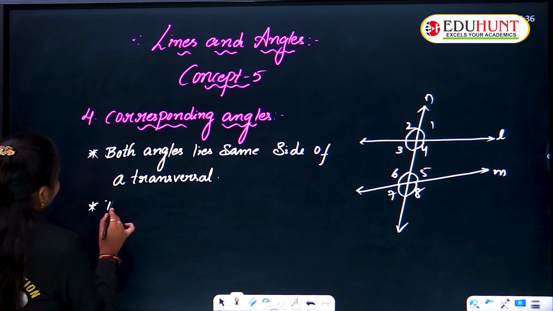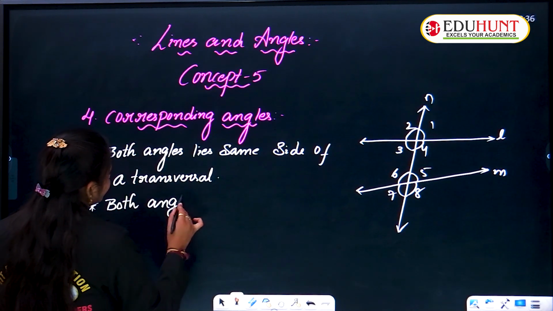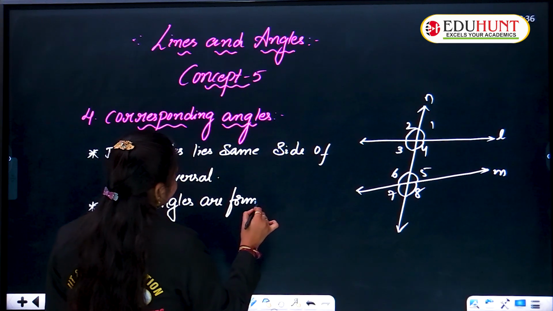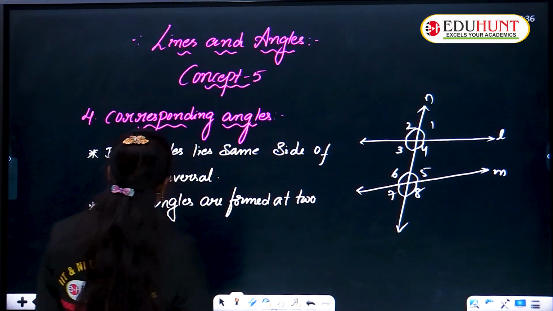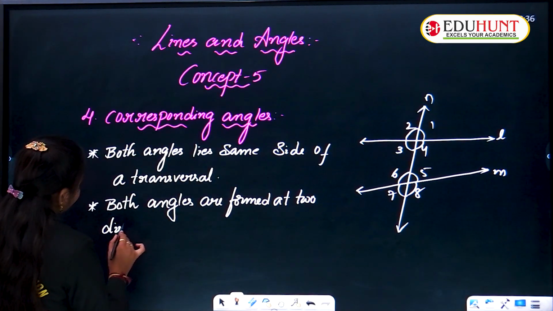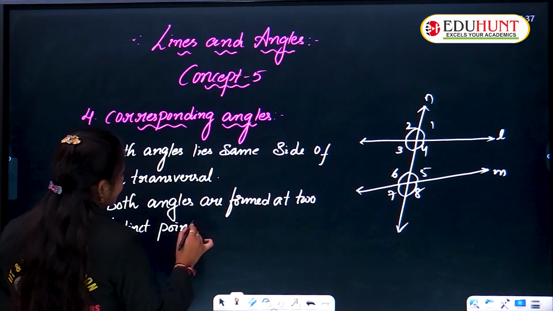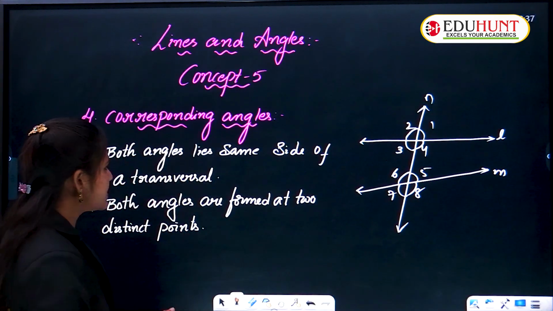Next one, both angles are formed at two distinct points. Two distinct points means those two angles must be non-adjacent angles. Understood?